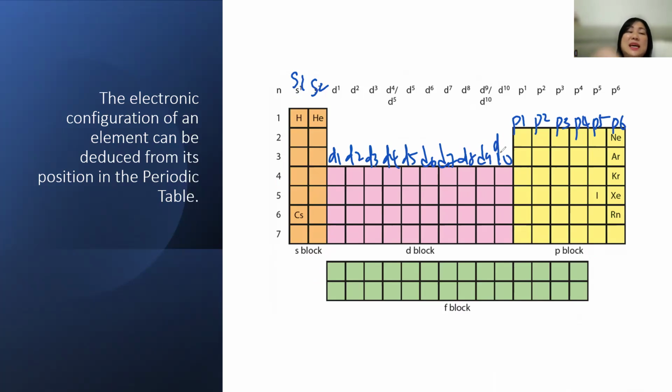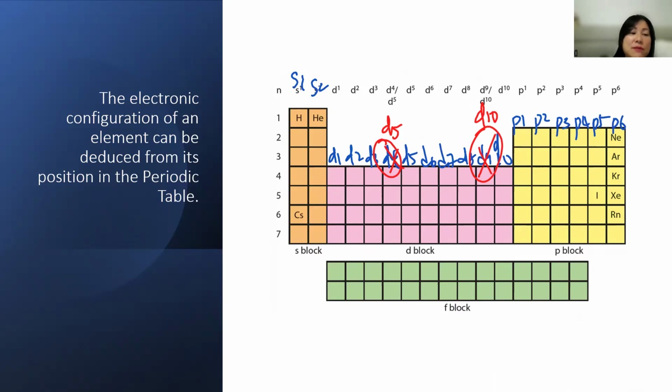But there are two anomalies: instead of d4 over here, it will be d5, and instead of d9 here, it will be d10. Understand? So it's d1, d2, d3, d5, d5, d6, d7, d8, d10, d10. That is the anomaly. I'll explain to you why it is so.